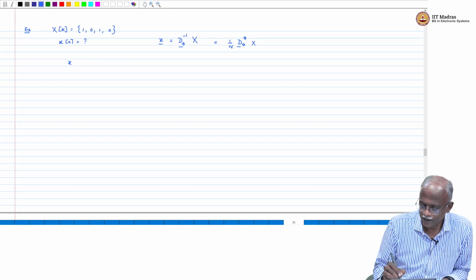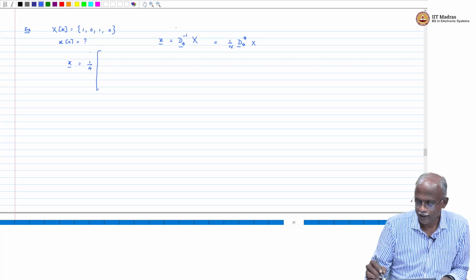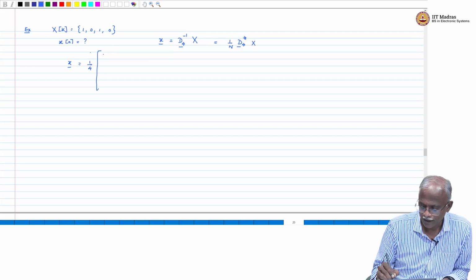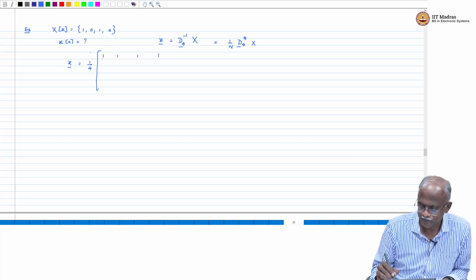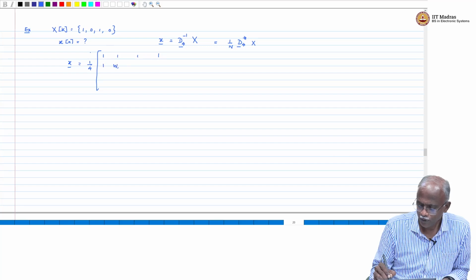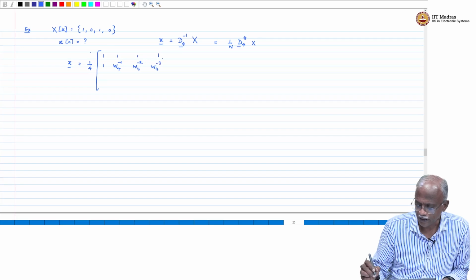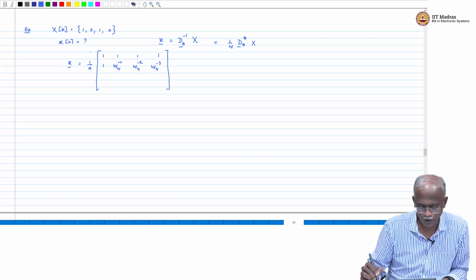The vector x will be equal to a scale factor of 1 by 4 and then D4 conjugate: 1, 1, 1, 1, they're all real valued; then 1, W4 minus 1, W4 minus 2, W4 minus 3. That's the conjugate of the second row.